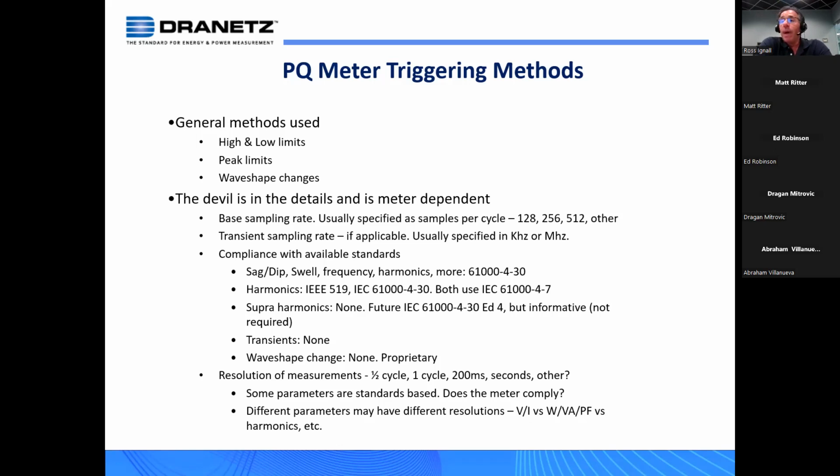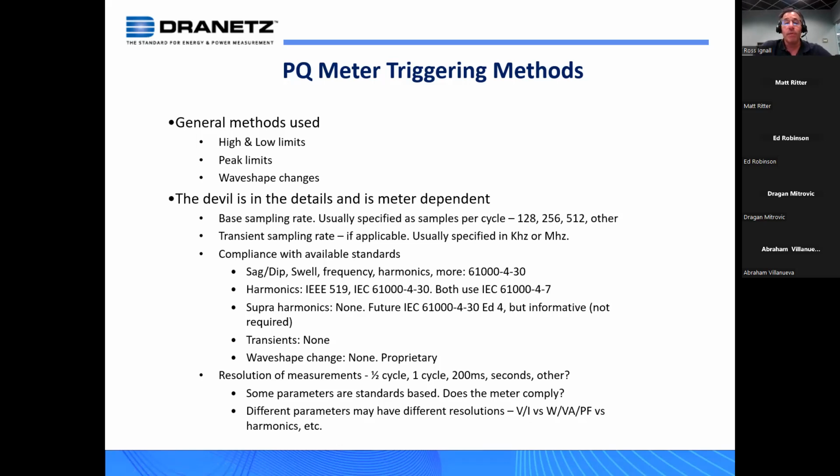The bottom line and big takeaway when you speak of these general methods, and some of them more specific, is that the devil is in the details of how they're implemented and what the specs of that meter are. There are different specifications such as the base sampling rate, which is the detail of the digitization of the wave shapes. Historically, digitization years ago was 32 samples per cycle.